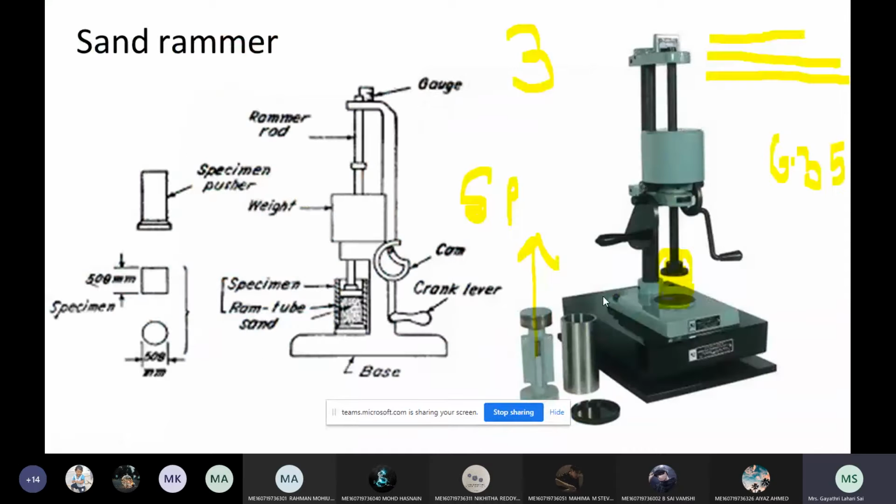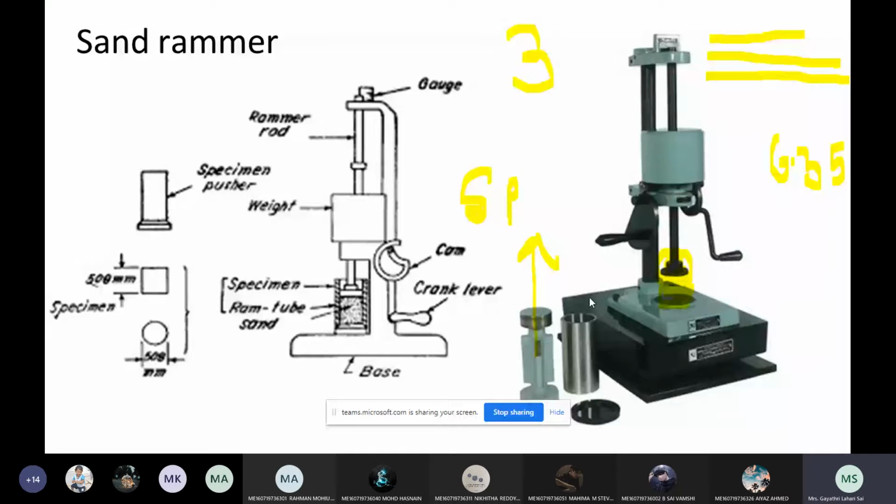This is the sand rammer, an equipment for preparing the specimen. You will be given the test specimen tube with a specimen pusher. There will be a fixed weight of 6.35 to 7.25 kg, which is allowed to ram the specimen.